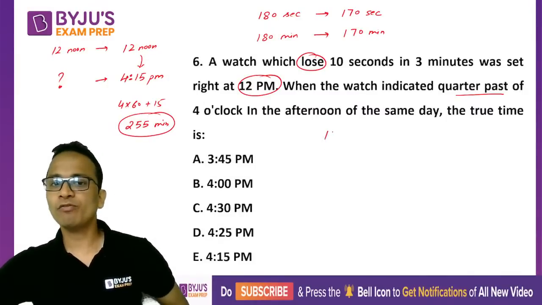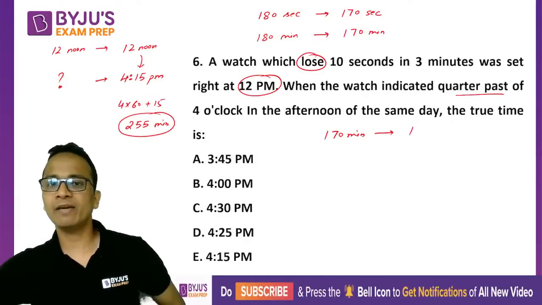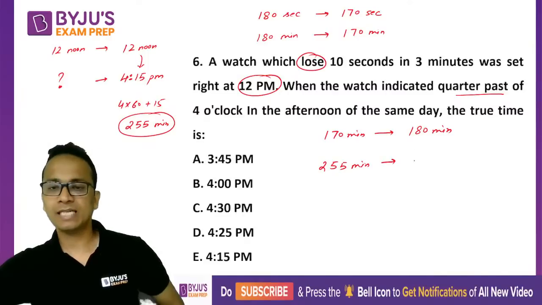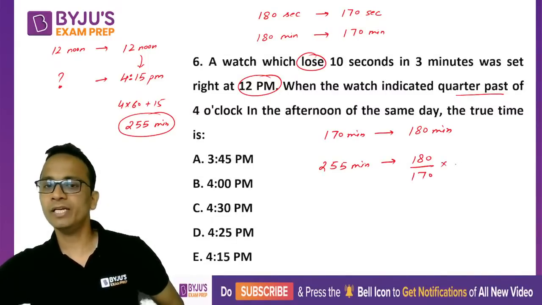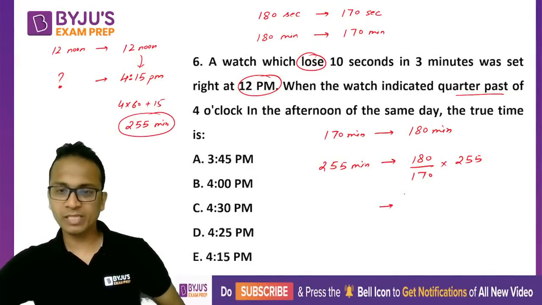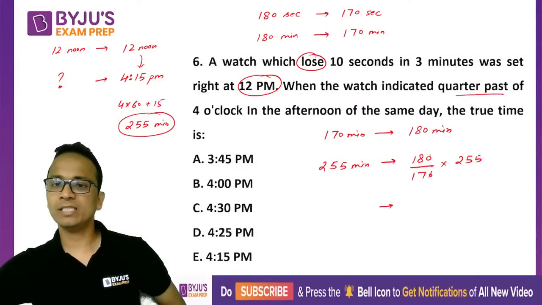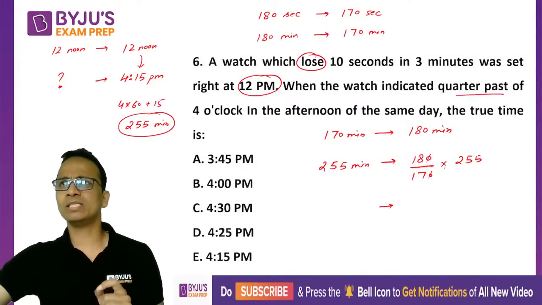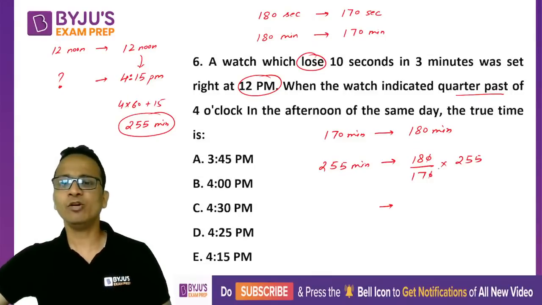For every 170 minutes that elapse in the faulty clock, the correct time will pass by 180 minutes. So for every 255 minutes that elapse in the faulty clock, the time elapsed will be 180 divided by 170 into 255. What will be this value? 0 and 0 will cancel. 17 and 255, do these cancel? 170, 85, 17 into 5 is 85.